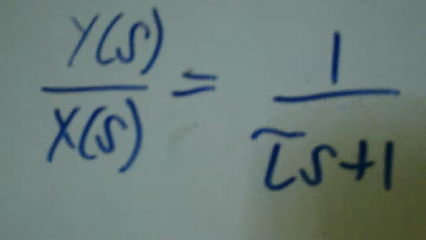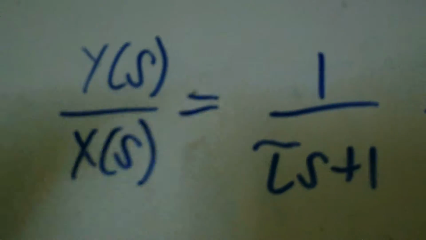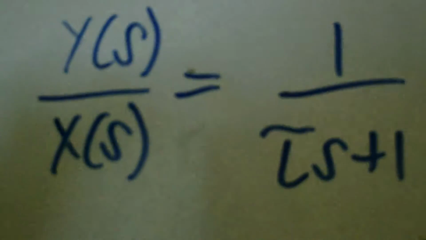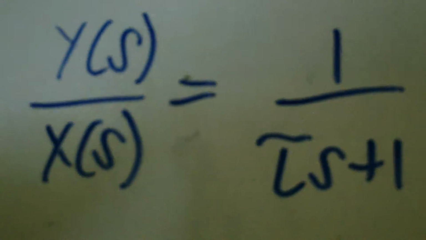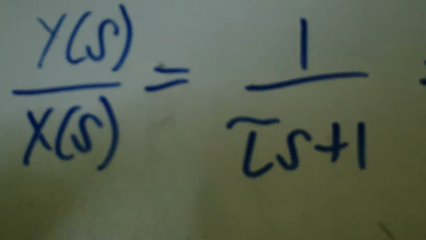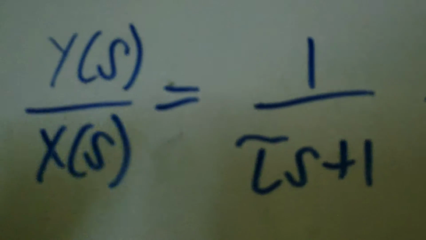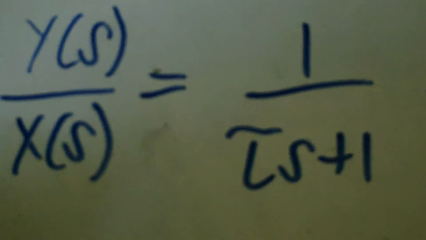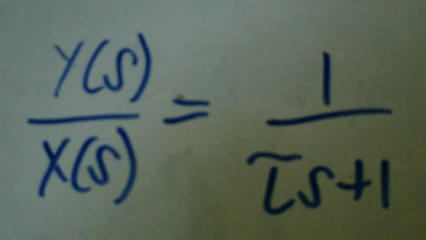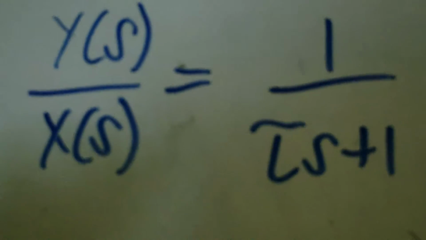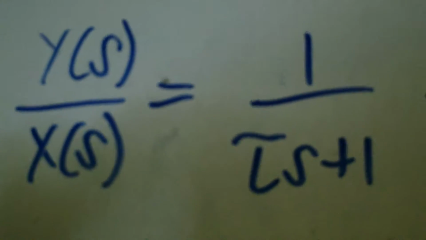So let's try to solve this problem. First, a review. From the book, we know that Y(s) over X(s) equals 1 over tau s plus 1, which is the ratio of output over input. If you don't understand this, you must review Chapter 4, the response of first order systems.